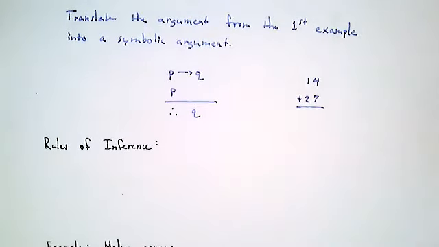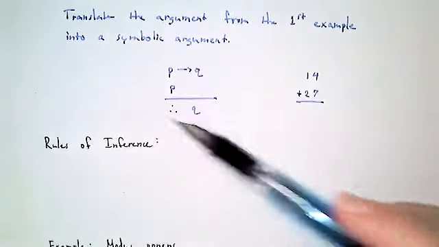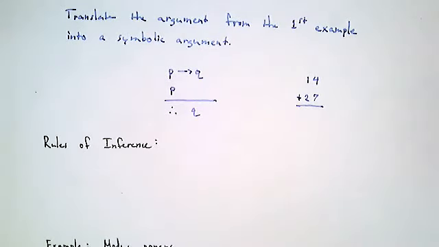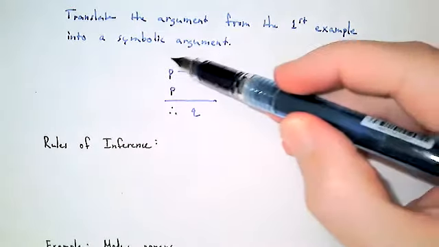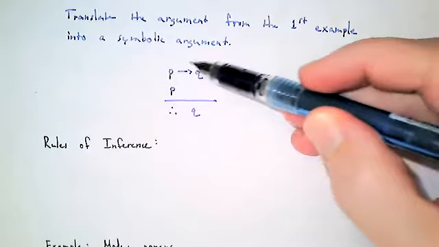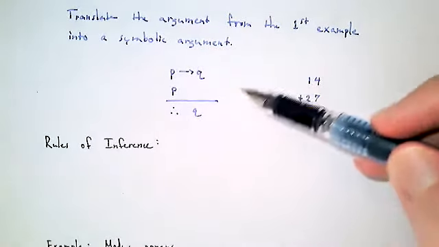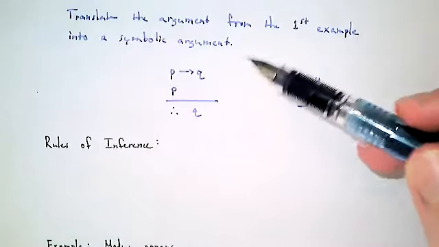Okay, so maybe you're wondering, why would I ever want to look at symbolic arguments when I could just read words that actually mean something? And there's actually a really good reason for it. It's because these kinds of structures, so arguments that have this shape, show up all the time in all sorts of arguments.